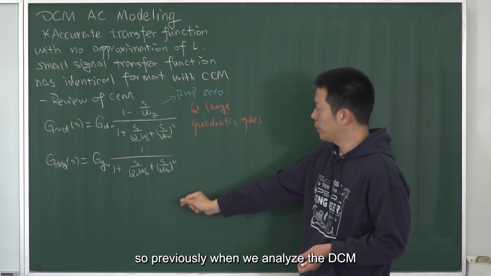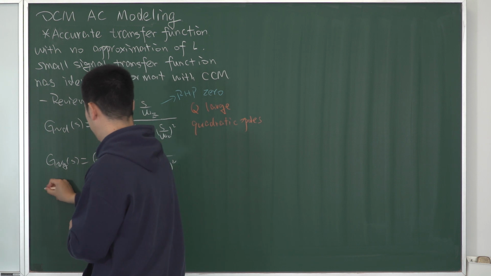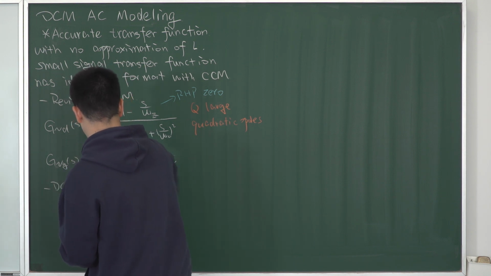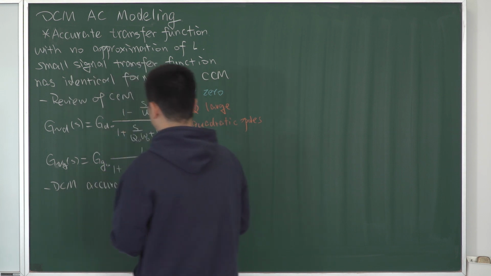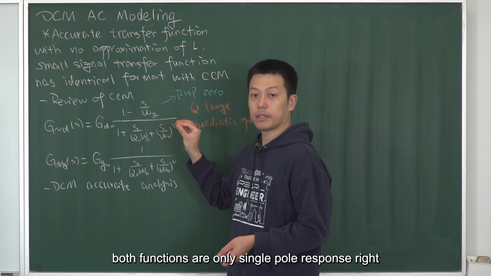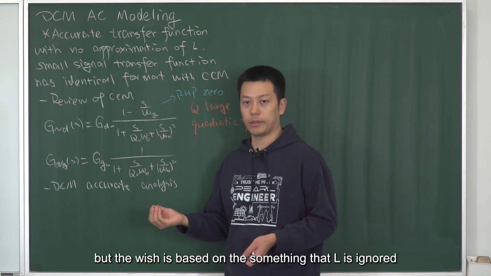So previously, when we analyzed the DCM, both functions are only single pole response, right? But which is based on the assumption that L is ignored.